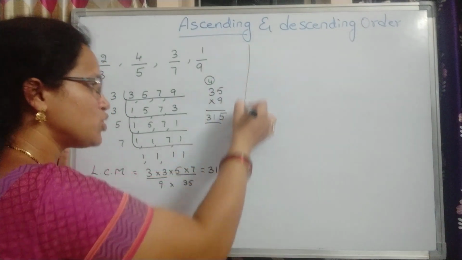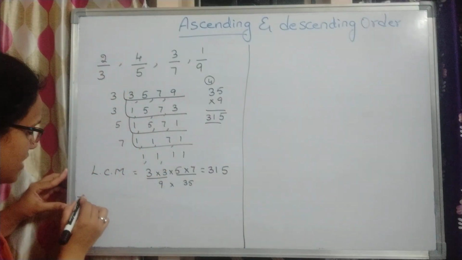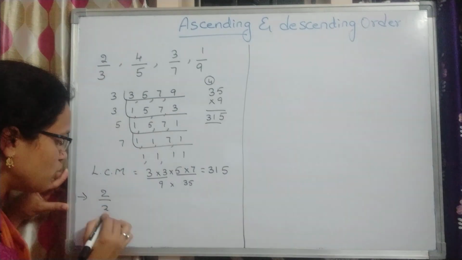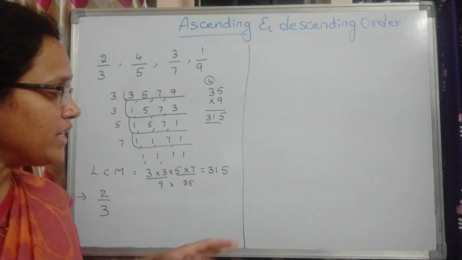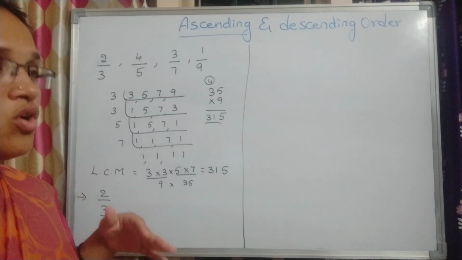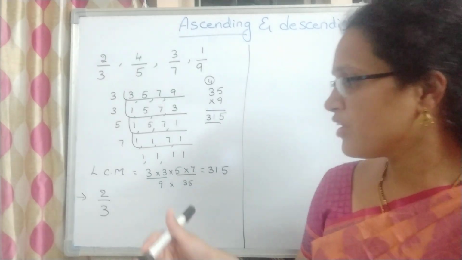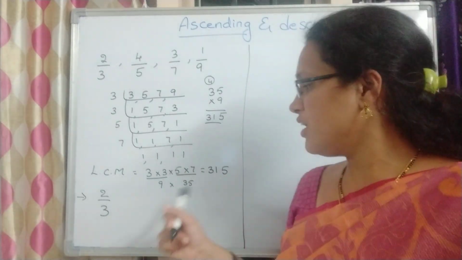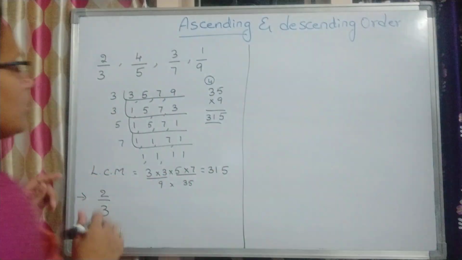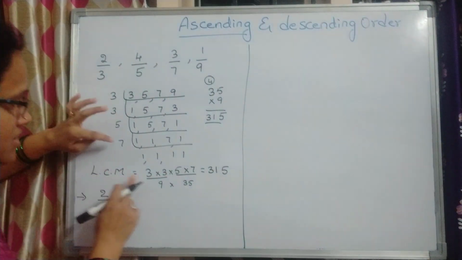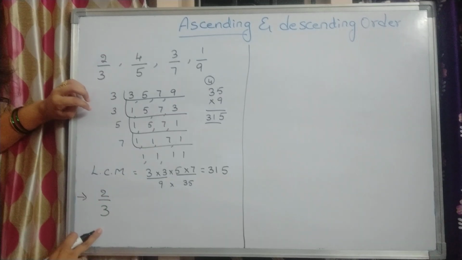And now what you should do is take each fraction, one fraction, 2 by 3, and convert the denominator into its LCM, that is 315. So many children say, we don't know what to multiply this 3 with in order to get this biggest number. But I will tell you that also. Please listen here. What is our denominator here? 3.